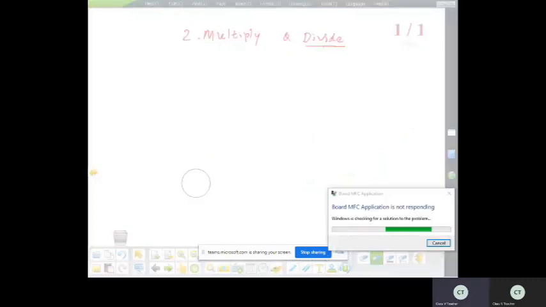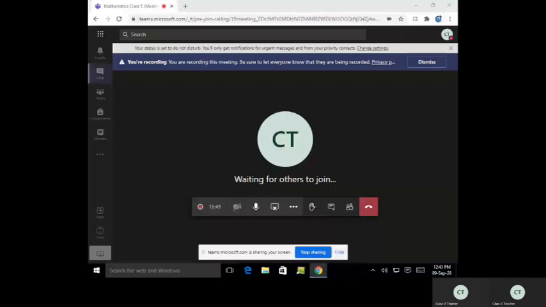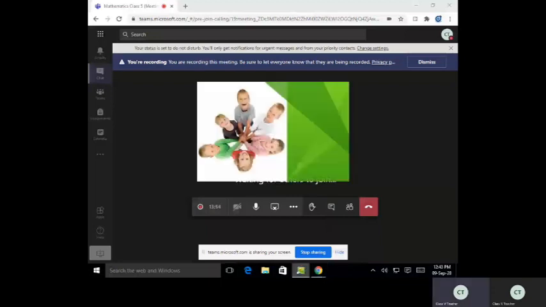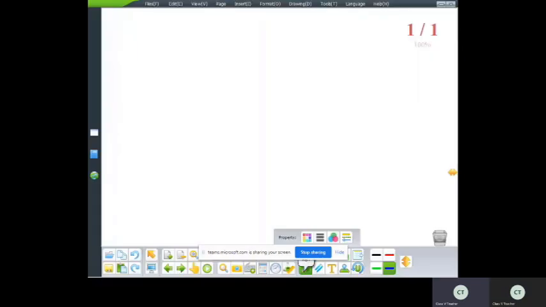Yes. All of you open page number 31. Here two processes are there, that is 50 divided by 3.